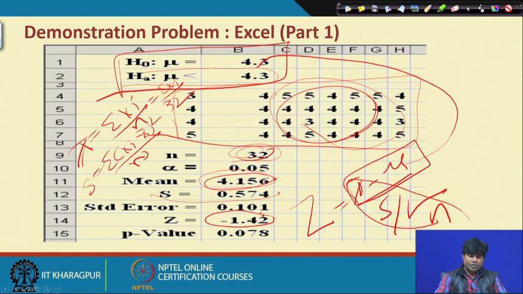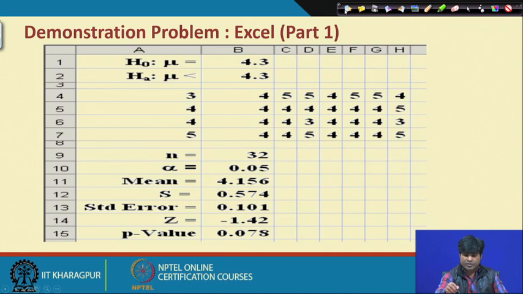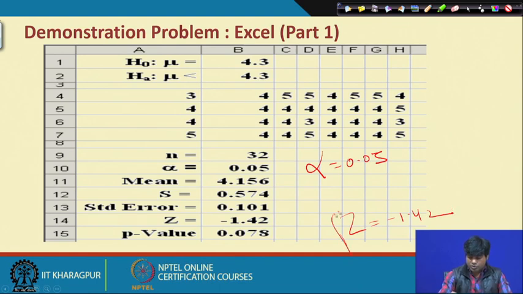Now once you get the z value, corresponding to the z value you have to find out the p value, and alpha is already fixed here at 0.05. So technically the approach is like this: you have alpha equal to 0.05, and the sample statistic is showing z equal to minus 1.42. So you have to see what the probability value is corresponding to z equal to minus 1.42.